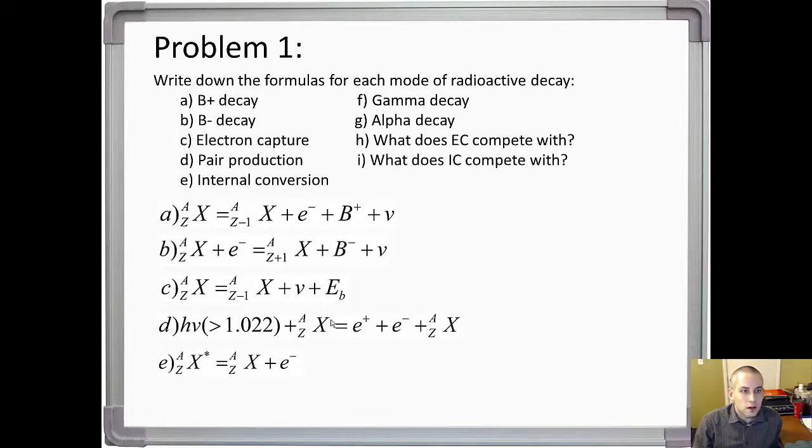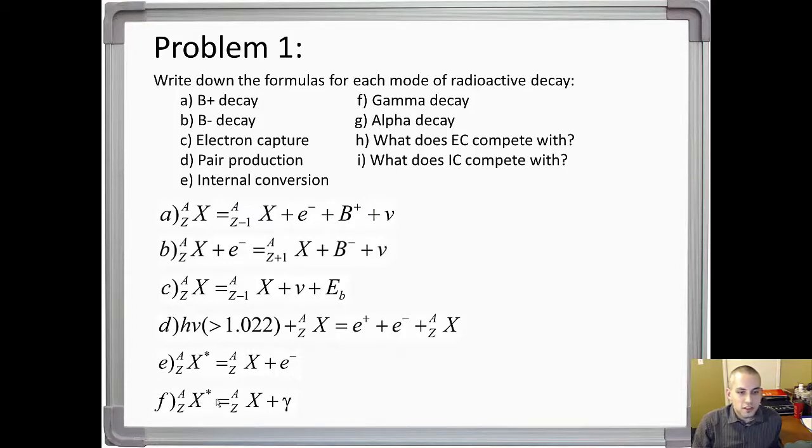For E, internal conversion, what's happening is an element in an excited state is using some of that energy and removing an electron. In F, gamma decay, what you have is an element in an excited state.